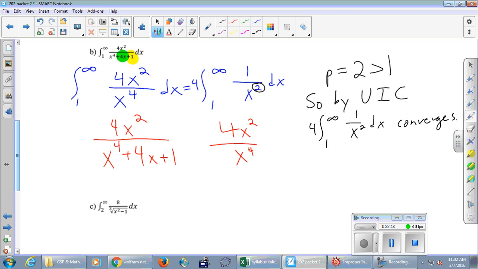So when the bottom is bigger, what about the whole fraction? The first one is smaller. If the denominator of the first one is bigger, then the whole first fraction is smaller. And this is our 4 times 1 over x squared.